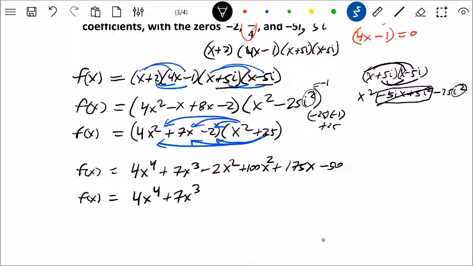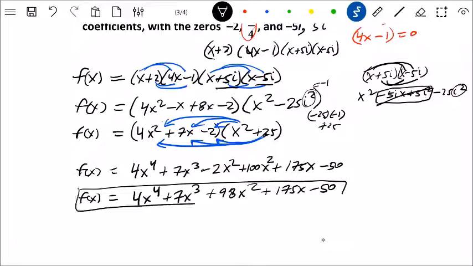Okay. And then we get the 175x and the -50. Okay, there. So 100 take away 2 is plus 98x squared plus the 175x minus the 50. And they're all in order.